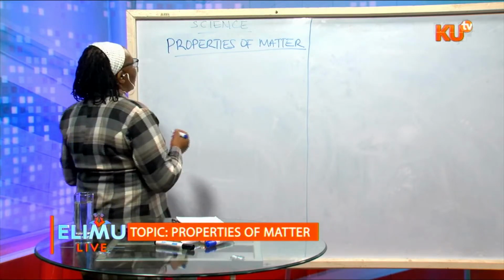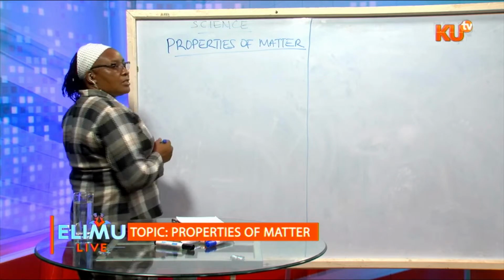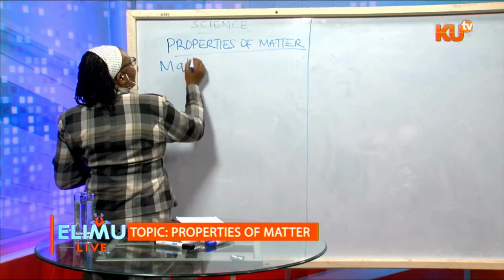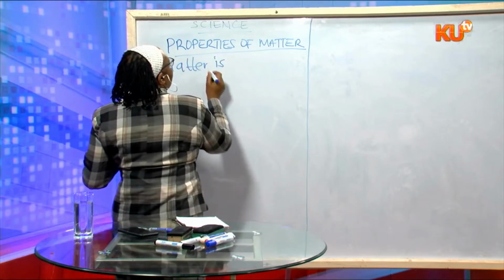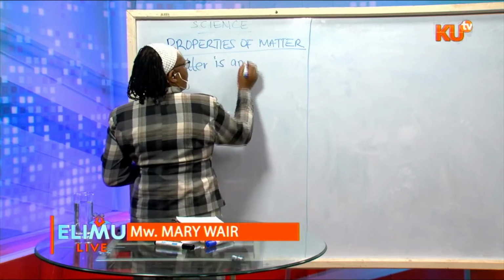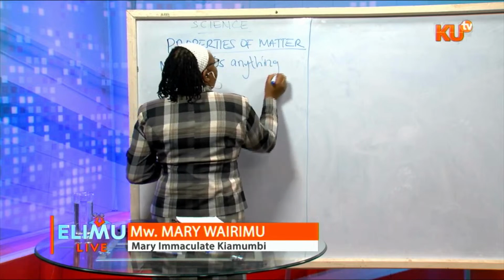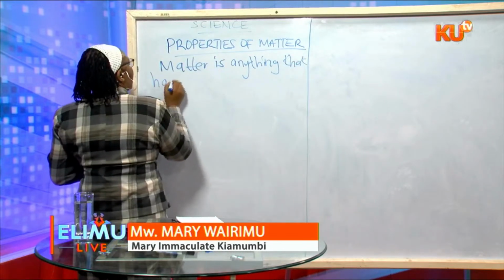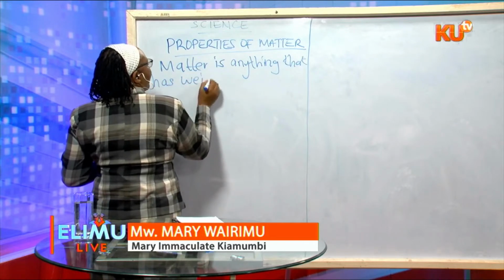Properties of matter is what we are going to look at. We usually say that matter is anything that has weight and occupies space.